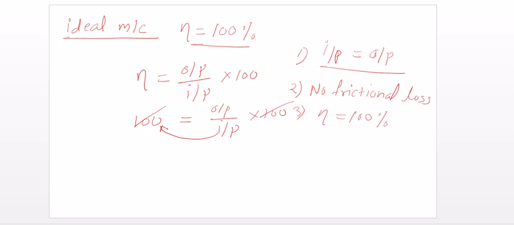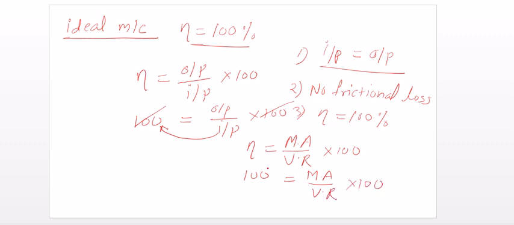If I use the other formula of the efficiency, efficiency is equal to mechanical advantage divided by velocity ratio into 100, and we know that for the ideal machine the efficiency is 100%, then this 100 and this 100 get cancelled.